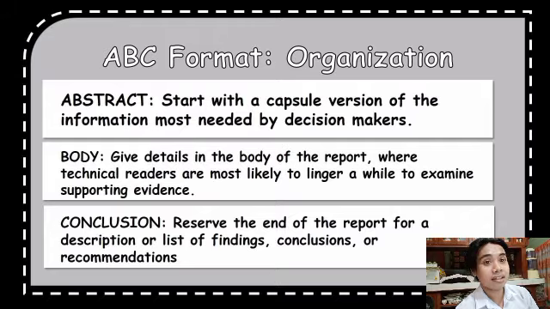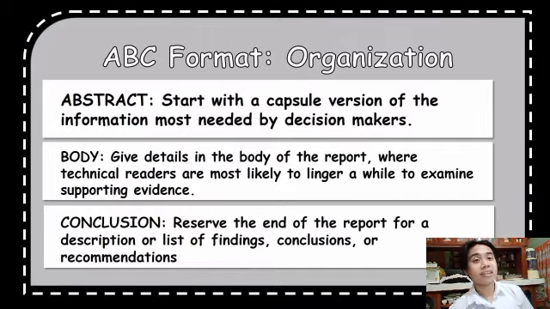This has the details of what your report is, with the most detail in it. And lastly, the conclusion. Reserve the end of the report for a description or list of findings, conclusions, or recommendations.